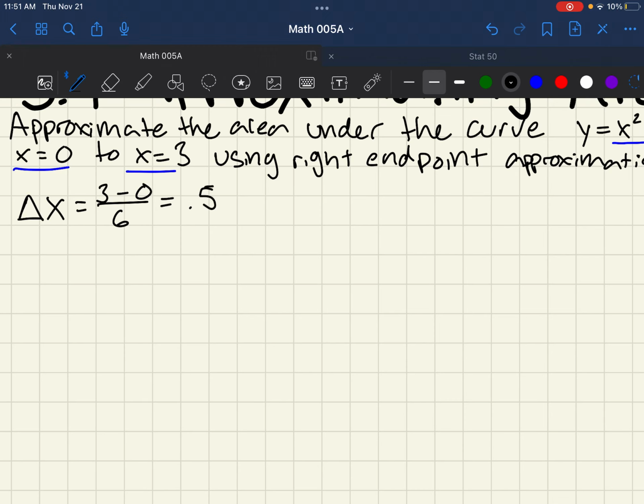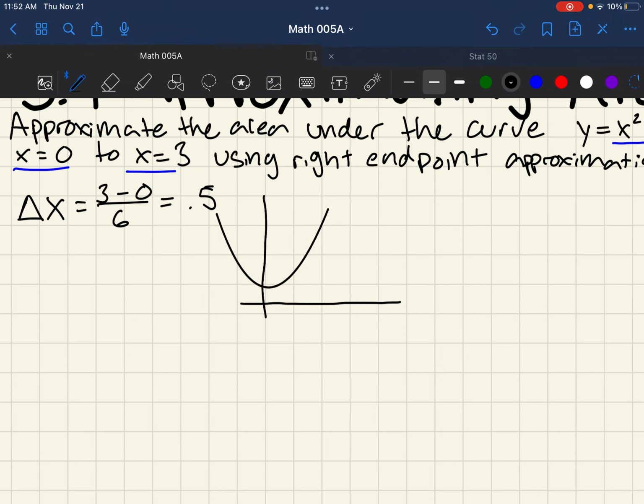So this shows that if the graph looks like this, x squared is going to be like this. Sorry.